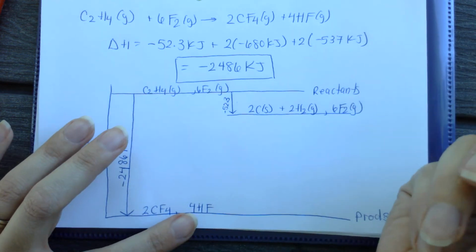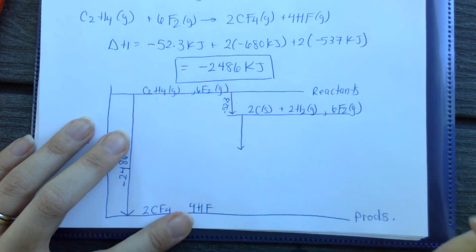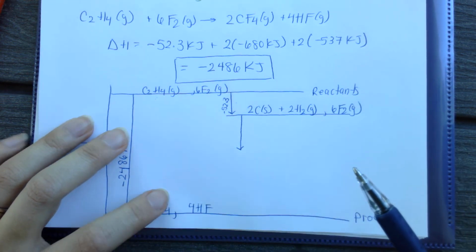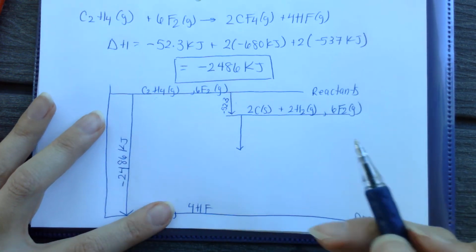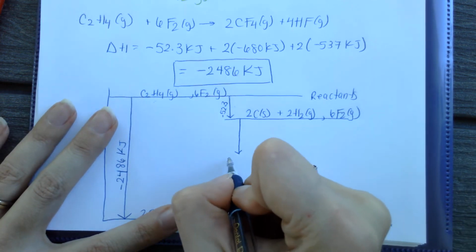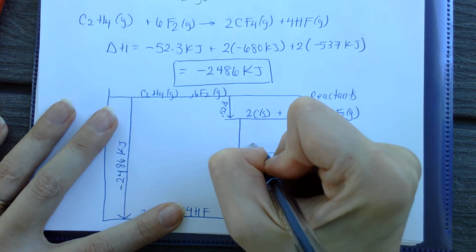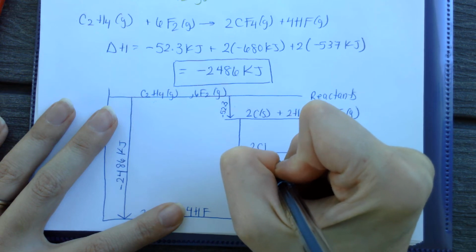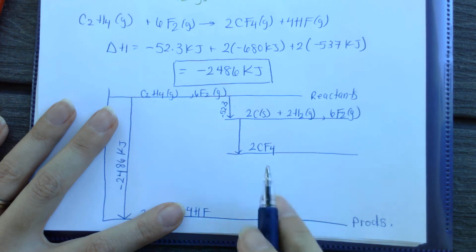Okay, so we'll do our second one now. From here, we're now forming the products. So let's say we're forming the, I don't know, CF4 first. So we're going to combine some things here. We're going to have now 2CF4 that have combined.